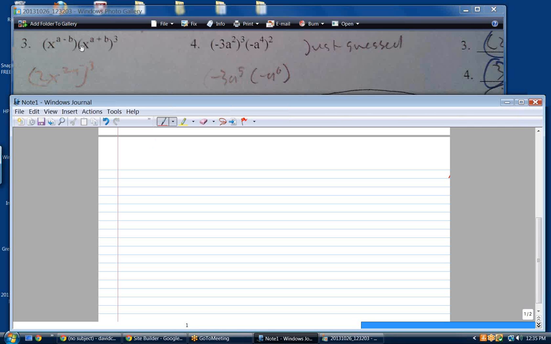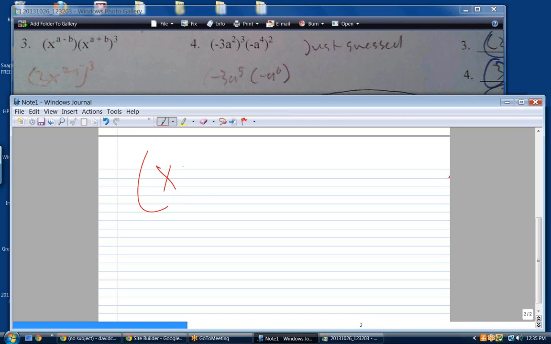Well, on number 3, first of all, we have to multiply 3 times a plus b. So I have x to the a minus b times x to the 3a plus 3b. That's the second step. And what's that equal to?